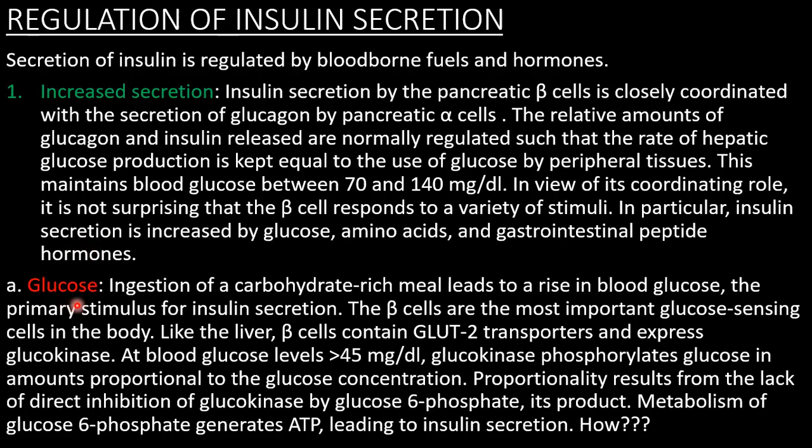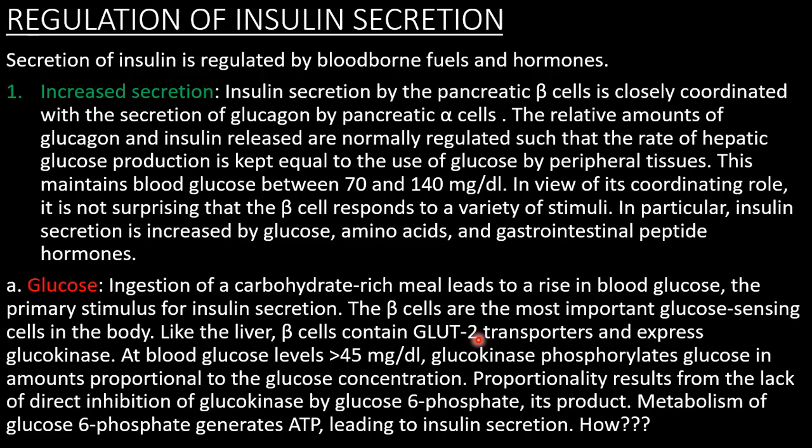Now, how does increased glucose cause insulin release from the beta cells? Ingestion of carbohydrate-rich meals leads to a rise in blood glucose, which is the primary stimulus for insulin secretion. The beta cells are the most important glucose sensing cells in the body. Like the hepatocytes, the beta cells contain the GLUT2 transporters, and they express glucokinase instead of hexokinase.